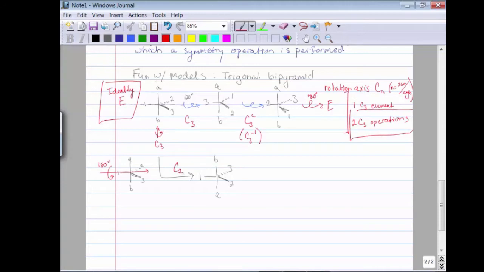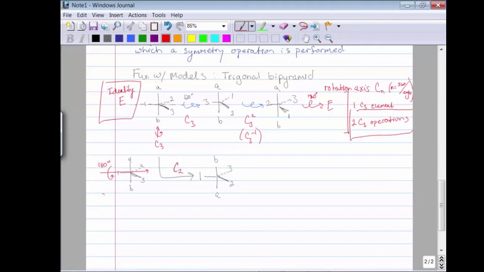How many C2 axes are there? Yep. So there would be one C2 axis down bond number 1 here, there would be another one going on bond number 2 and another one on bond number 3.